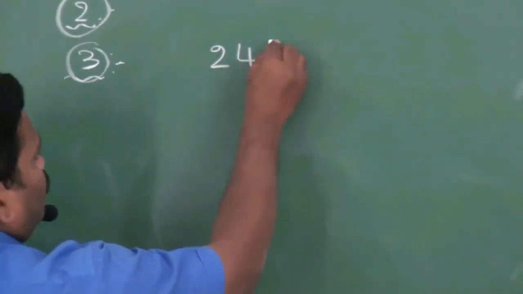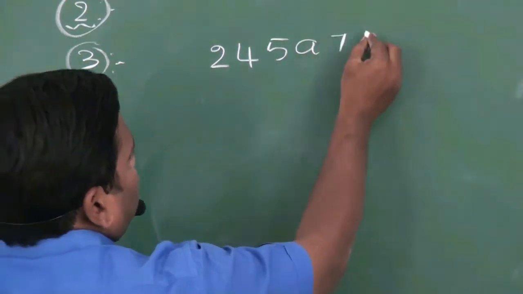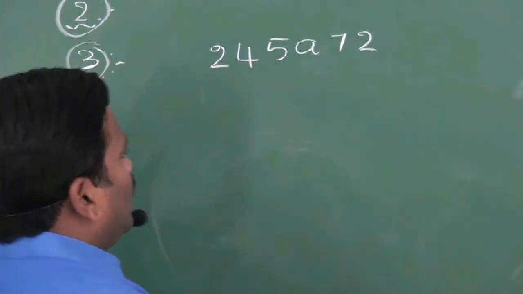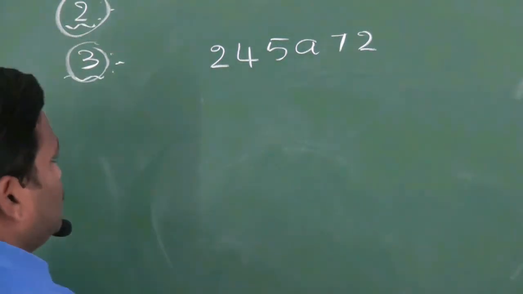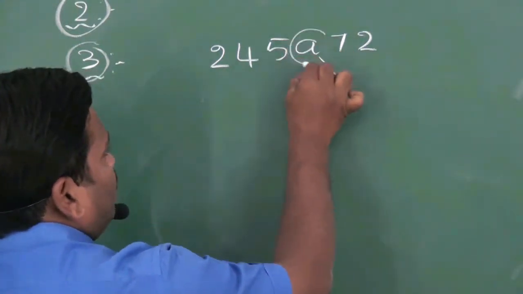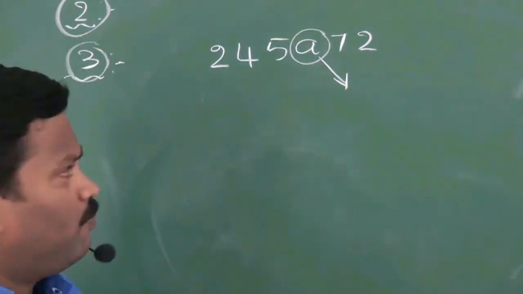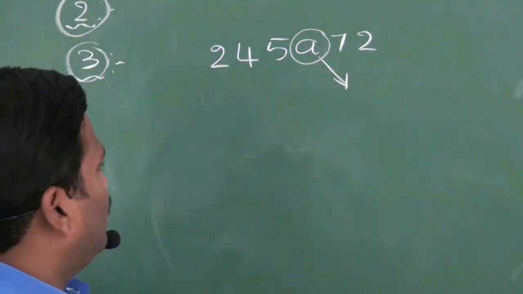If 2, 4, 5, A, 7, 2 is divisible by 3, what is the possible value of A?